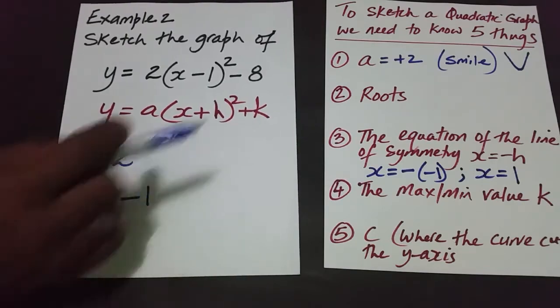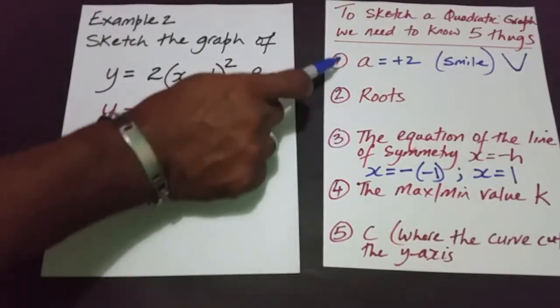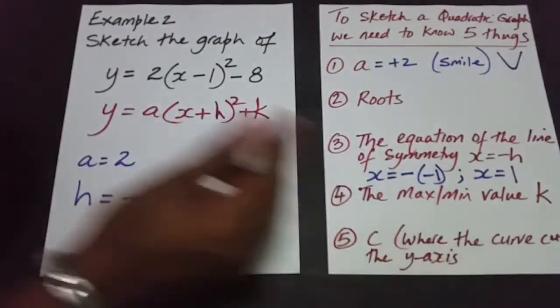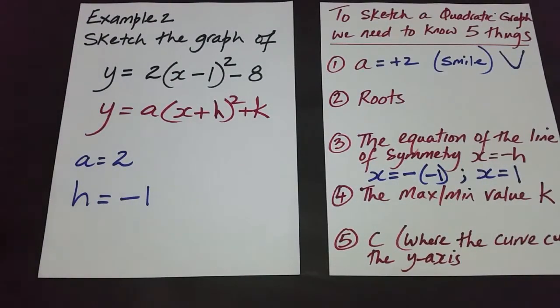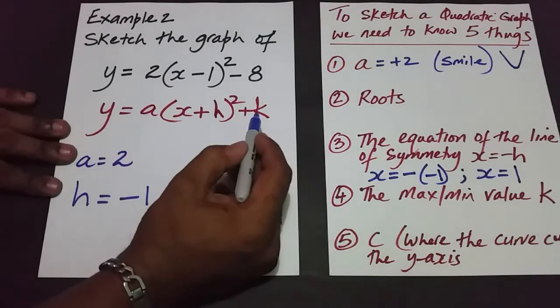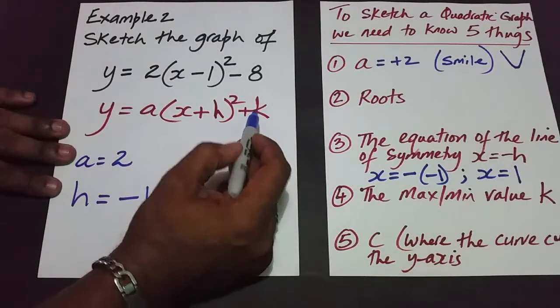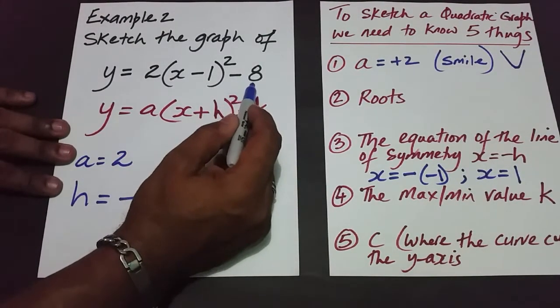So that simply means we know 2 pieces of information out of the 5 so far. And that's the beauty about getting the equation in the completed square form. It helps us a lot. The next thing that we're able to identify is the value of k. And k is -8.